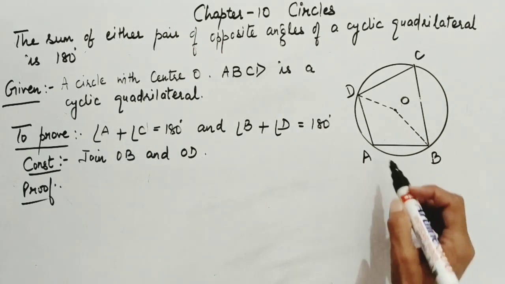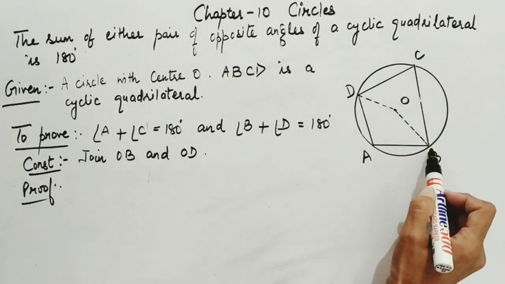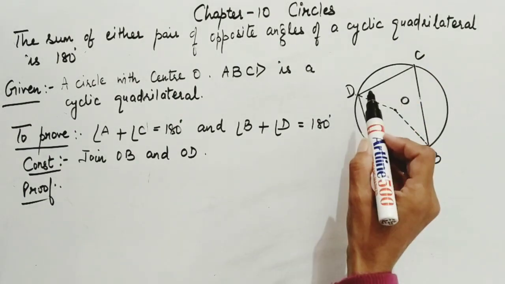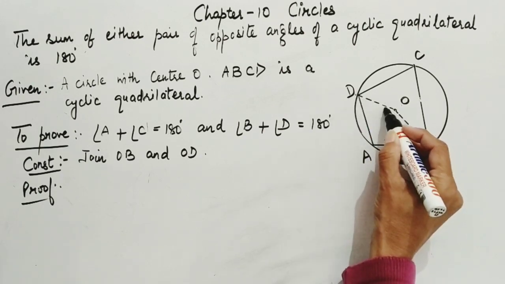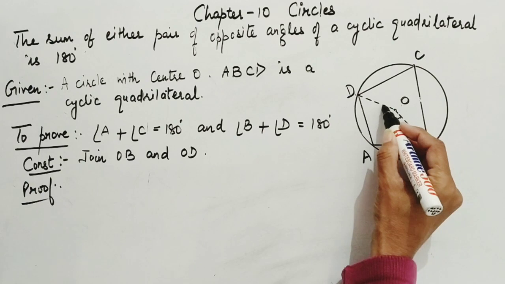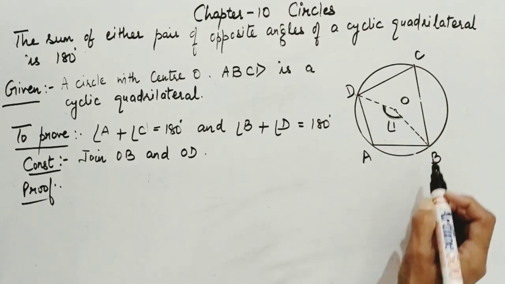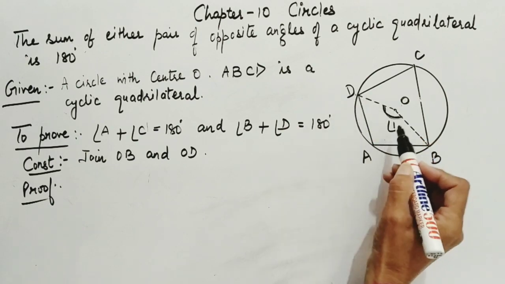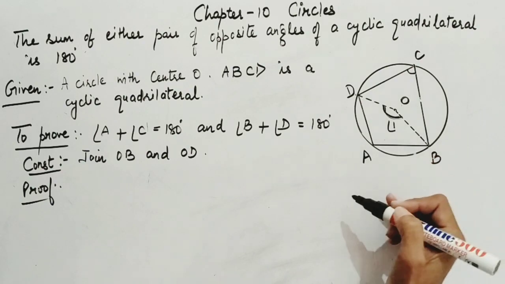Now in the proof, observe the figure, B and D are the points which form angle BOD at the center. Let this be angle 1. BOD is angle 1, and angle 1 is double of angle C. Why?